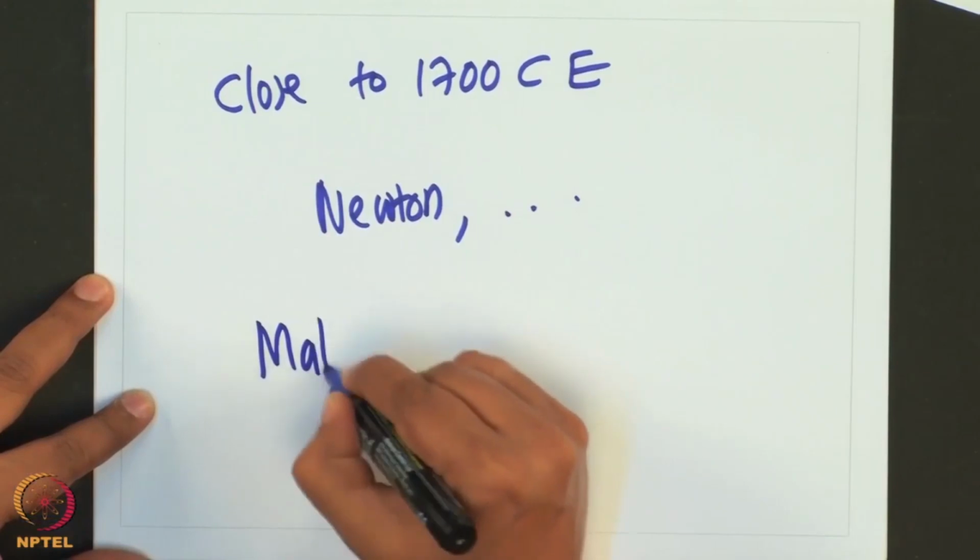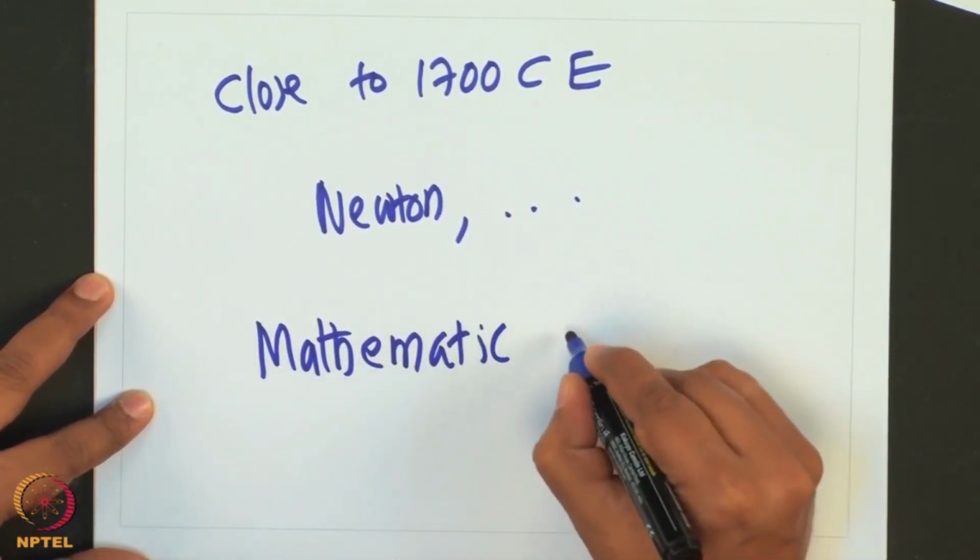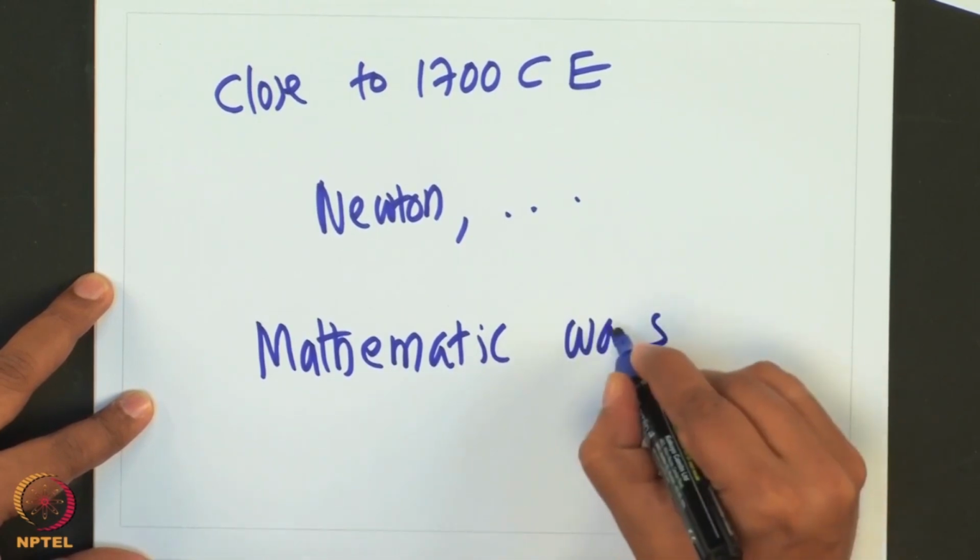So that changed a lot of things, and that revolutionized things, and that helped us. So there they had to invent mathematics, they had to invent many new things.